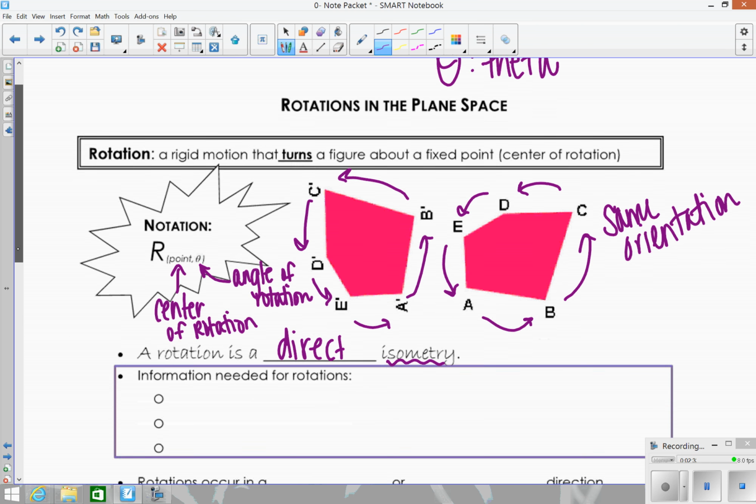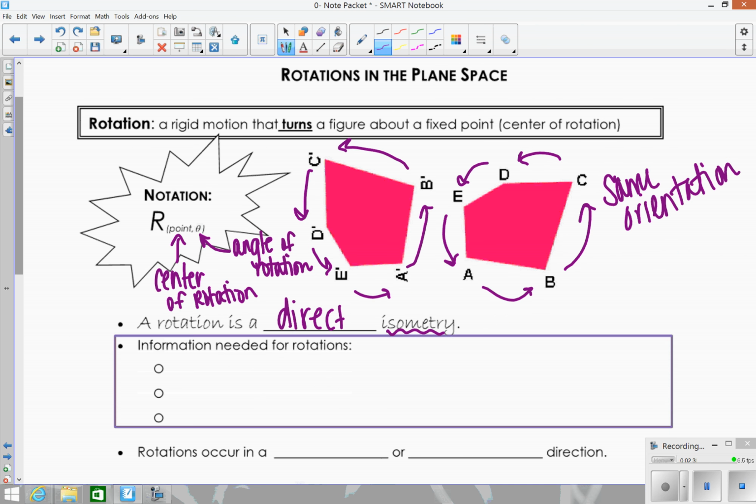Now, the information that you need to be able to do a rotation. There are three things that you have to talk about when you're given a rotation, or if you're telling someone to do a rotation. There's always three things that you need. You have to know the center of rotation. So the center of rotation, where is every point coming from?